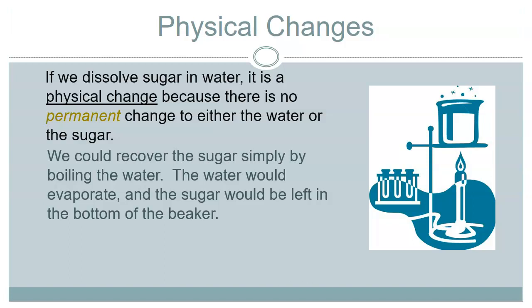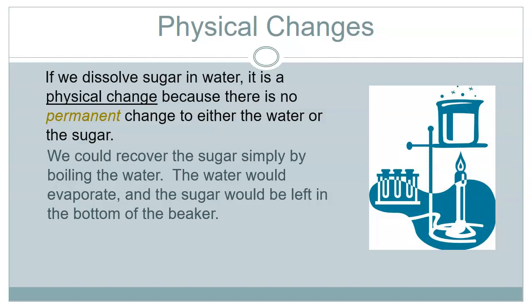We can set the container out. We could go ahead and just let it sit there for a long time, let the water evaporate, and we would be left with sugar residue in the container when it's all said and done. So you can actually get the sugar back, even though it appears that the sugar basically disappears.